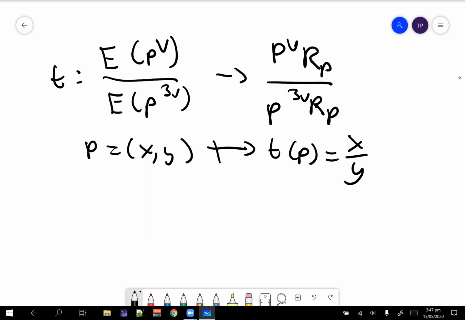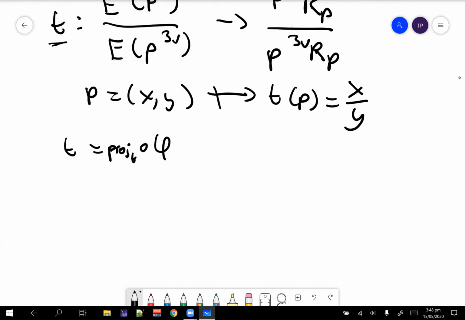Note that T is, well, the first thing we apply is our birational transformation to move it over to our second curve C, and then we compose it with the projection onto the T coordinate, the first coordinate.